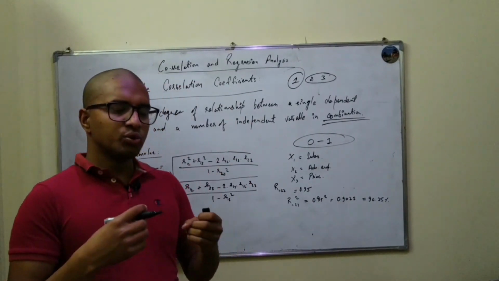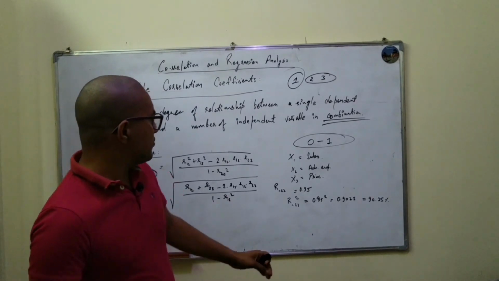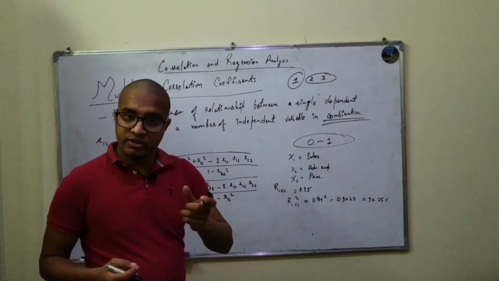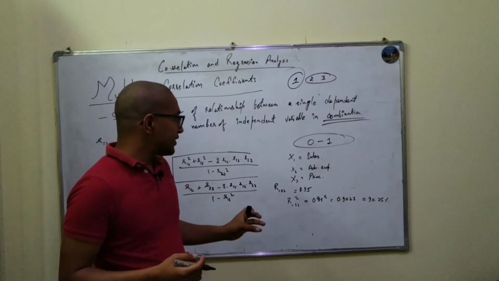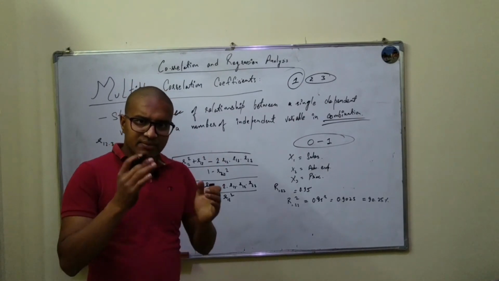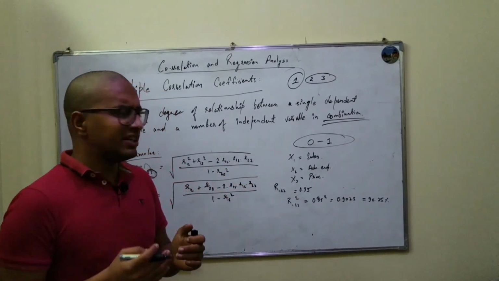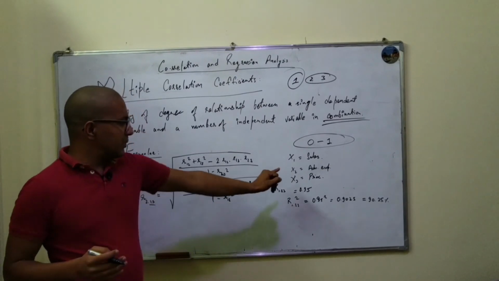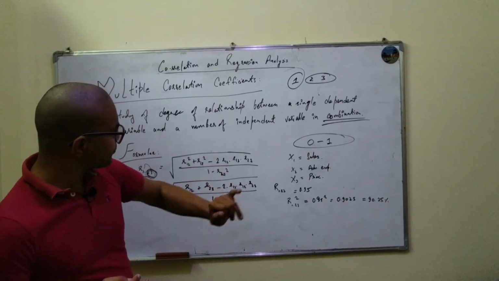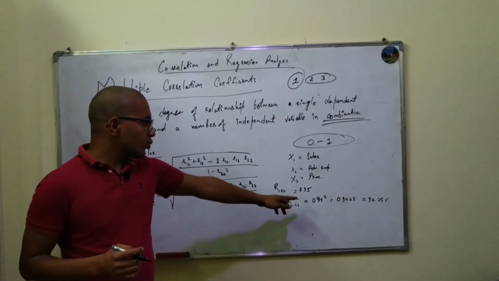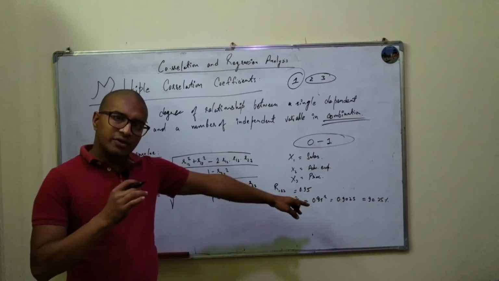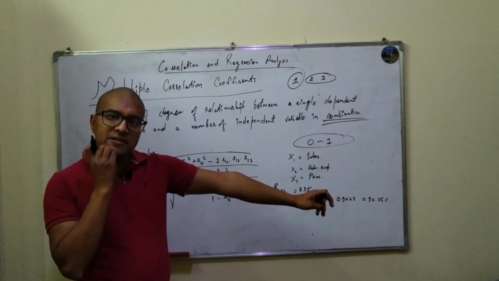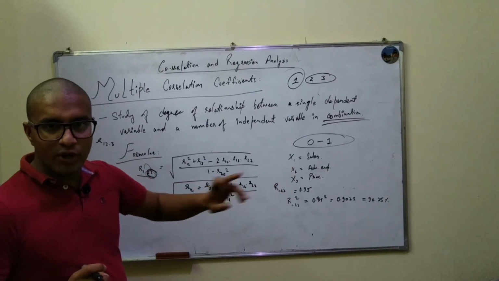When we use the coefficient, we always square it, right? That will give us the explanation of the variability in 1 based on 2 and 3. So when we square it, we get 0.9025. Expressed in percentage, it will be 90.25.